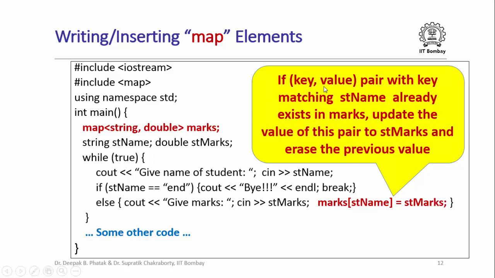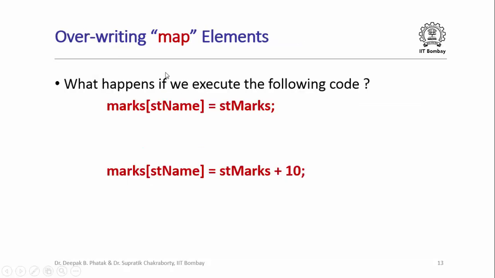However, if a key value pair with key matching stName already existed in marks, then what am I going to do with this assignment? I'm simply going to update the value of this pair. The key stays unchanged at stName. I'm simply going to update the value of this pair to stMarks, and the previous value is going to be erased.